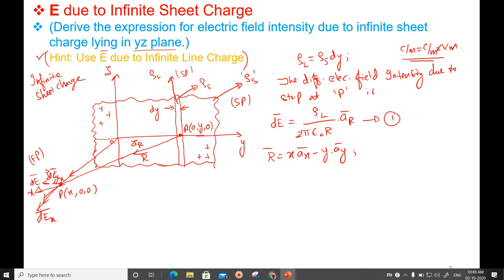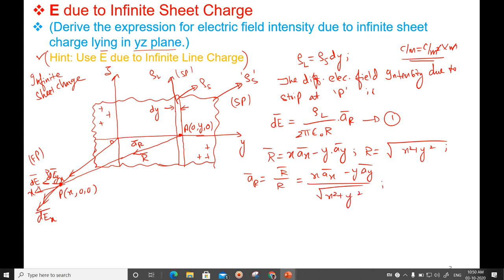Then what is the magnitude of r? It is the square root of x squared plus y squared. Then aR is the vector r divided by its magnitude: x aX minus y aY divided by the square root of x squared plus y squared.